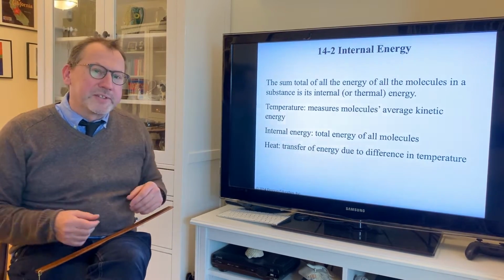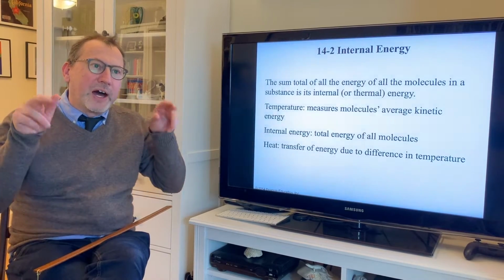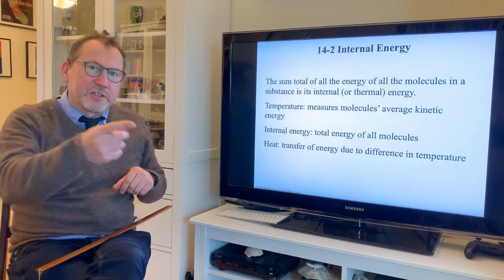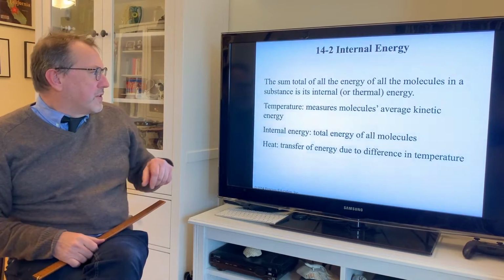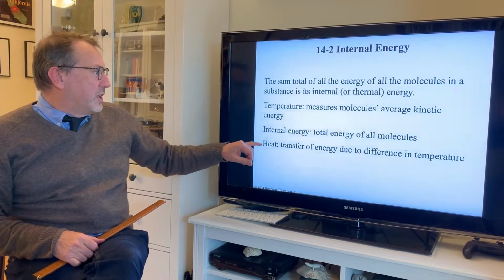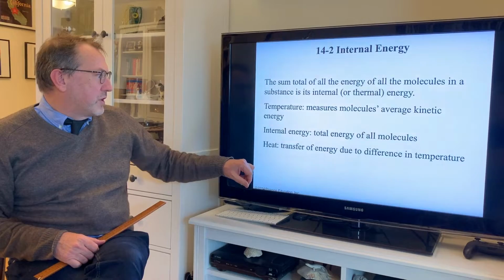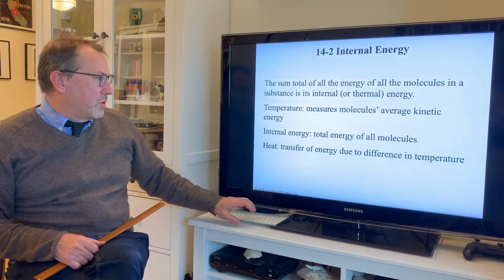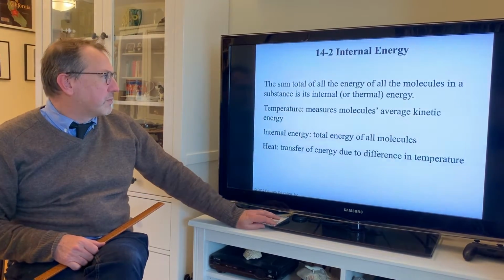So there's many ways in which a material can sort of hide this energy other than just whizzing around, okay? So the internal energy is the total energy of all the molecules. Heat is a transfer of energy due to a difference in temperature.